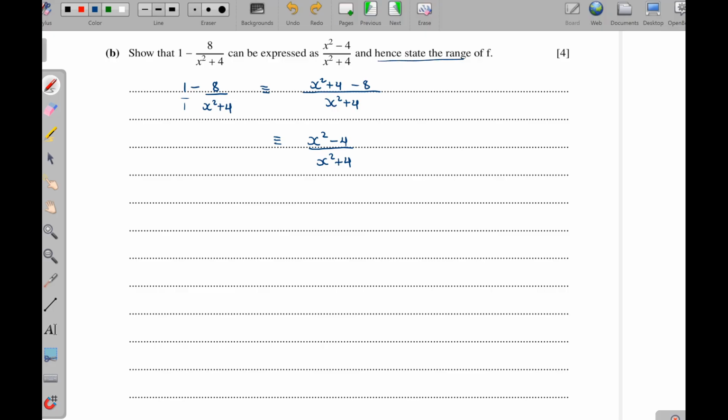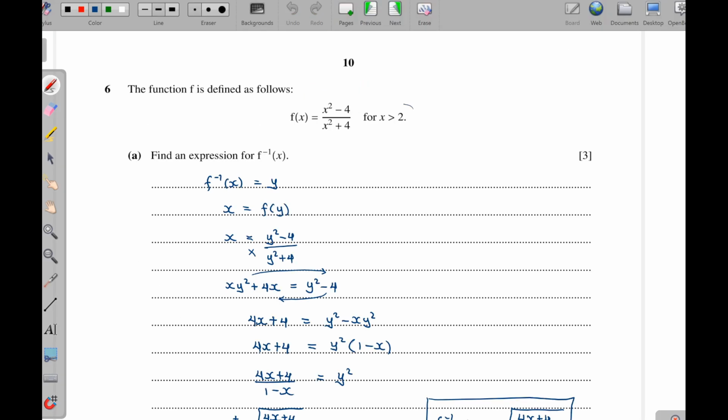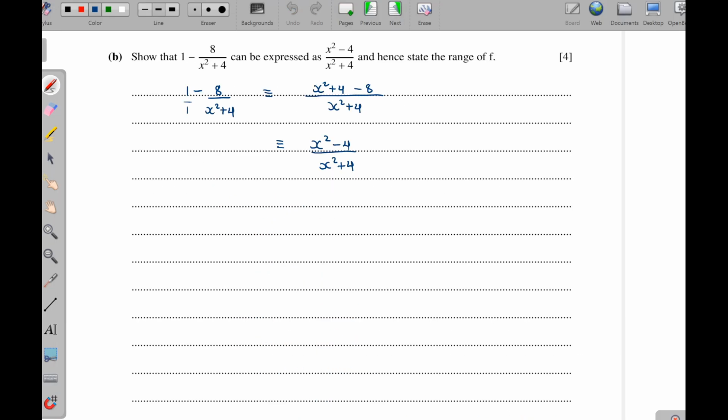Then they are saying hence state the range. Now remember the domain we were given is this one here, x greater than 2. So whatever I'm going to have here, this thing is all going to be positive. That means we are subtracting something from the 1 here. Every value that we are going to get, we shall be subtracting something from the 1. So whatever we are going to get is going to be less than what? 1.